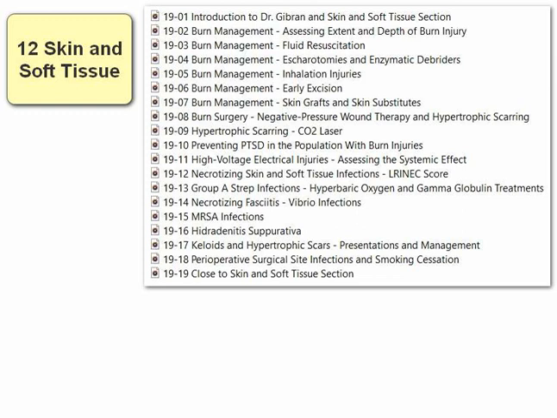I think the most important part is to adequately understand the severity of injury right at the outset. And to do that, you really have to be able to accurately assess the size of the burn, which involves some calculation of total body surface area.